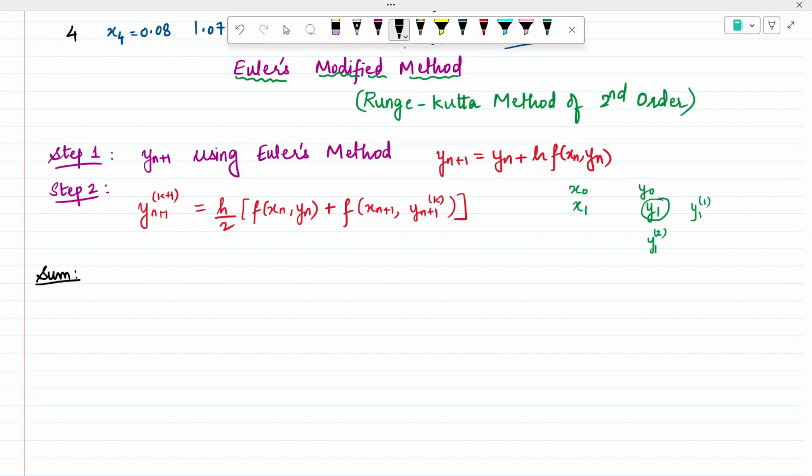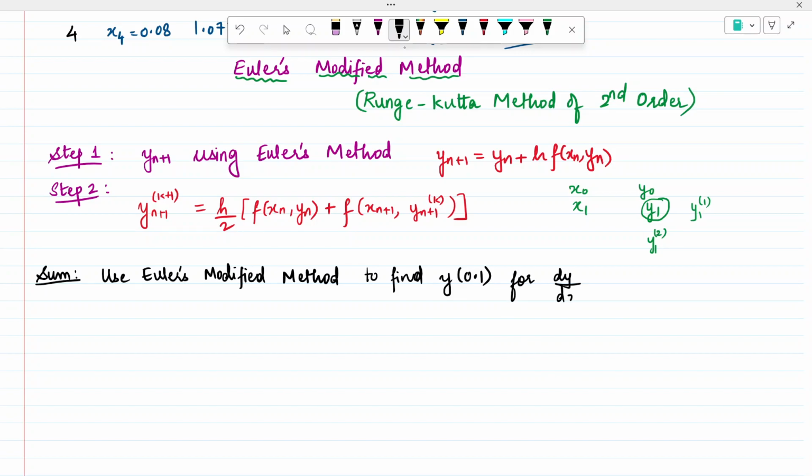The question goes like this. Use Euler's modified method to find y at 0.1 for dy by dx equals y minus 2x divided by y.